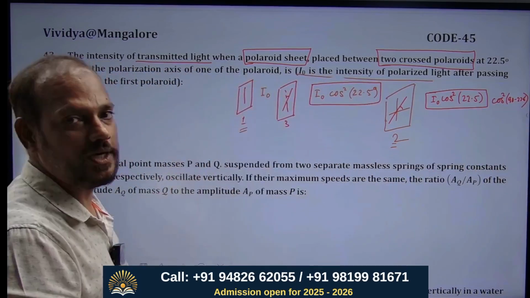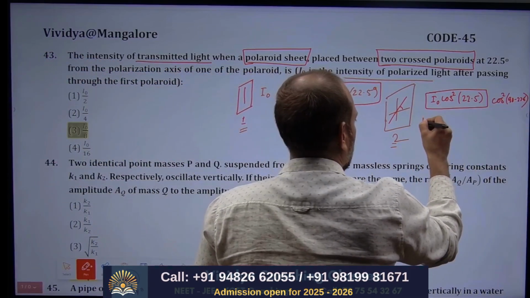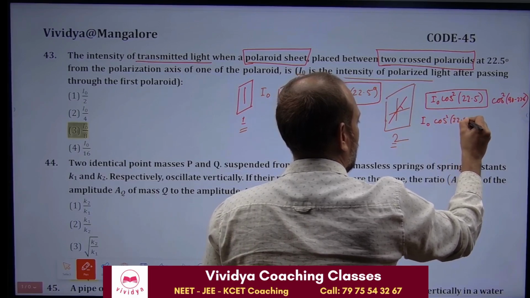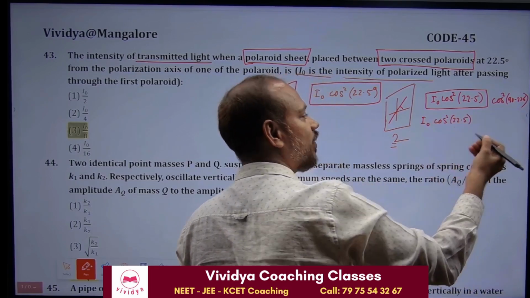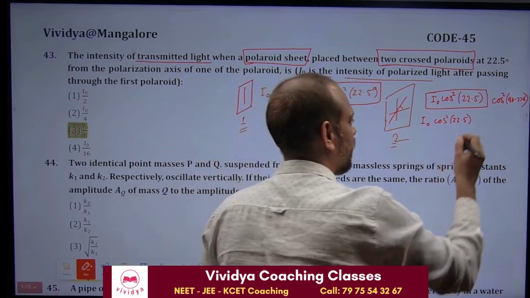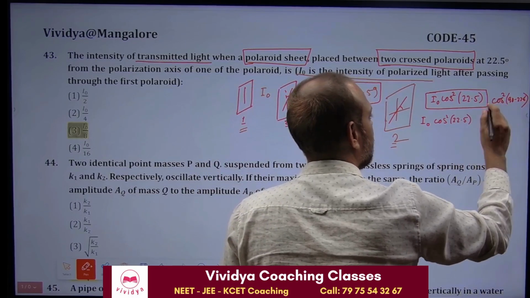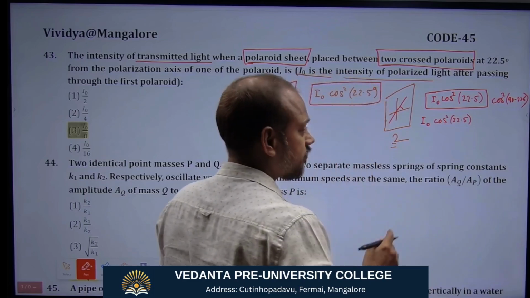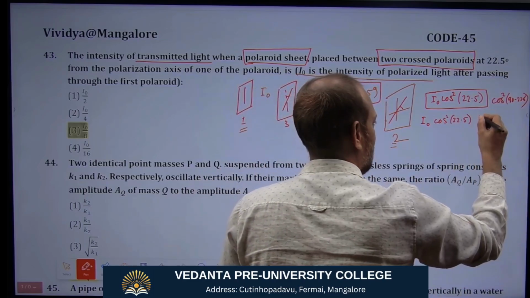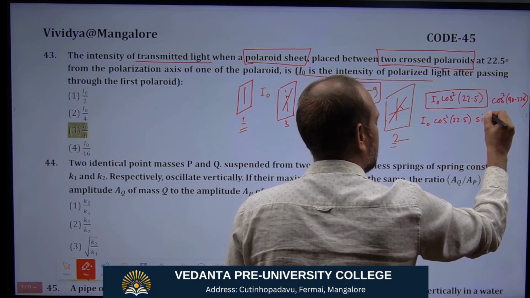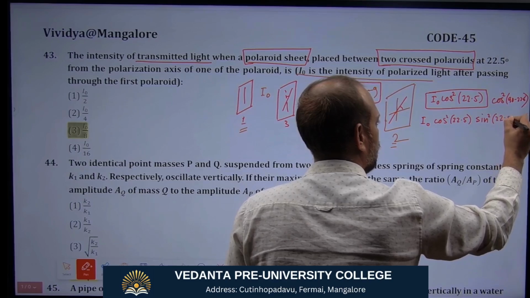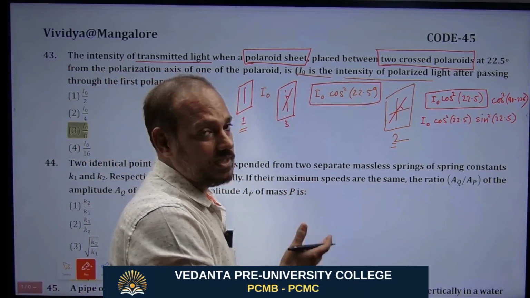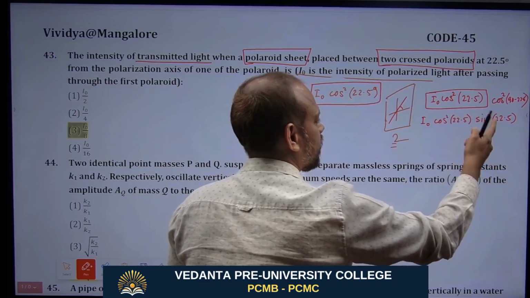Now let us calculate this value. It will be I naught cos square 22.5. Don't worry if you don't know the value of cos 22.5, because there is a twist here. What is that? Cos of 90 minus 22.5 will be sine of 22.5, so it will become sine square 22.5. So it is easier still, because sine theta into cos theta you know the value.